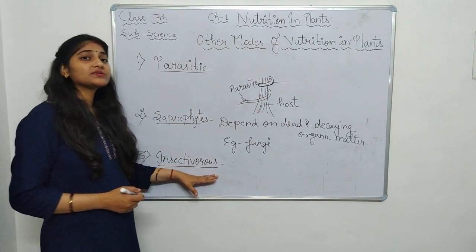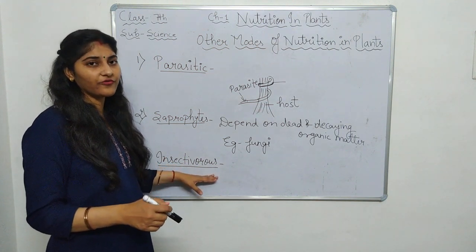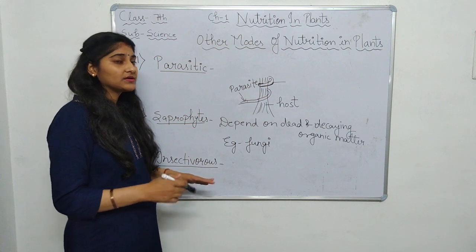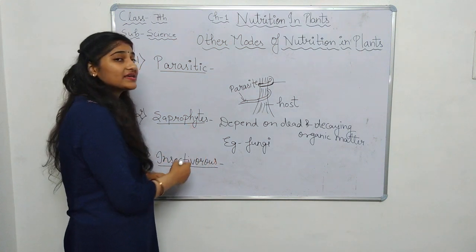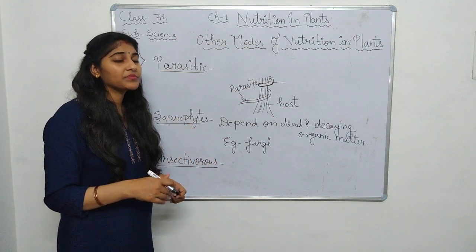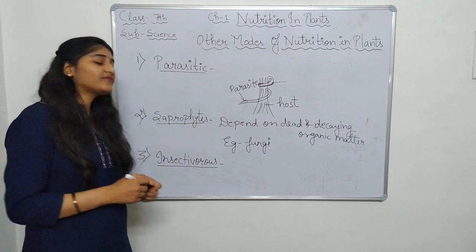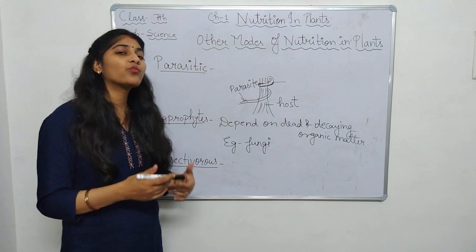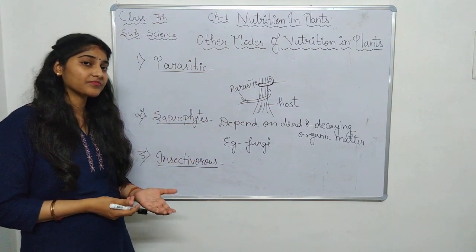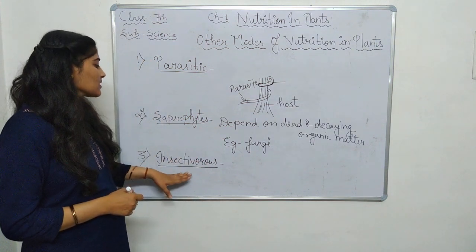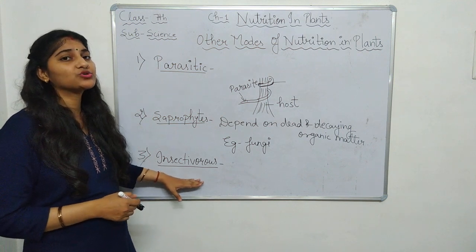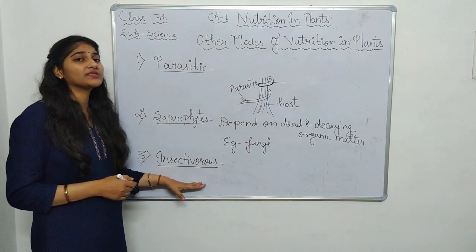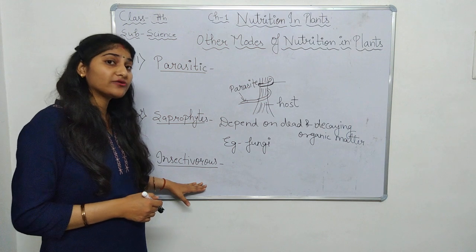These plants do have chlorophyll present in them, but they eat insects as well. Now you must be thinking that if they have chlorophyll present in them, they can make their own food, then why do they have to eat insects? Because these plants grow at places where there is lack of nitrogen.